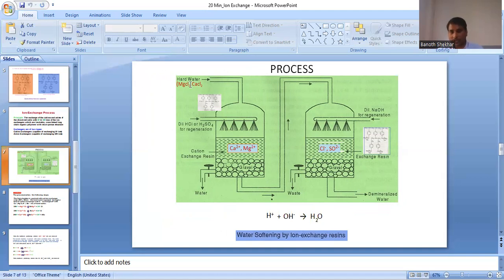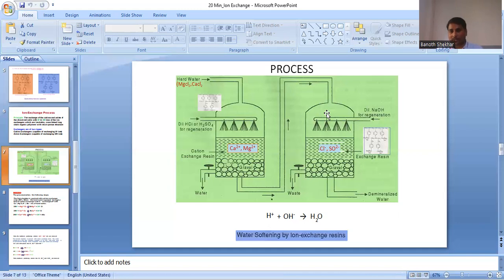We have one cation and one anion. These cations and anions come and replace the H+ ions. The cations in the hard water are captured by the semi-permeable membrane, and instead of the magnesium cation, H+ is released. Along with that, the Cl- also moves towards the second chamber, the anion chamber.